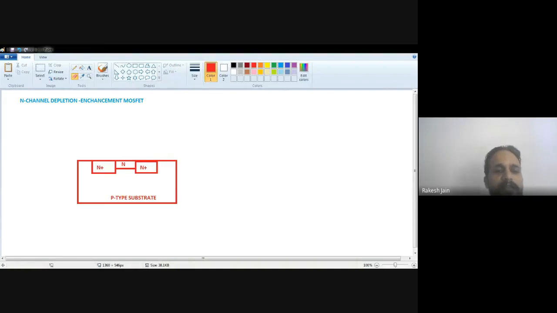After that, a silicon dioxide layer, which will behave as an insulator, will be deposited over there. So I just deposited a silicon dioxide layer.